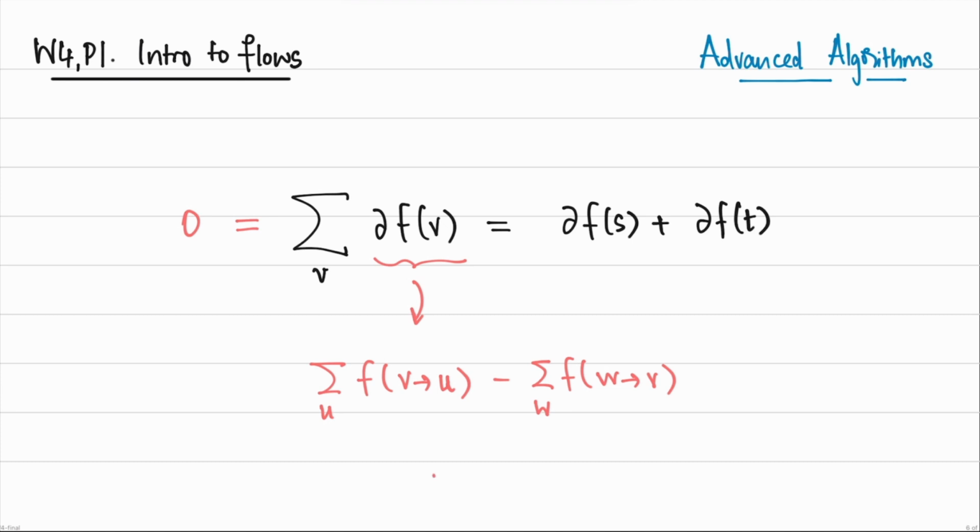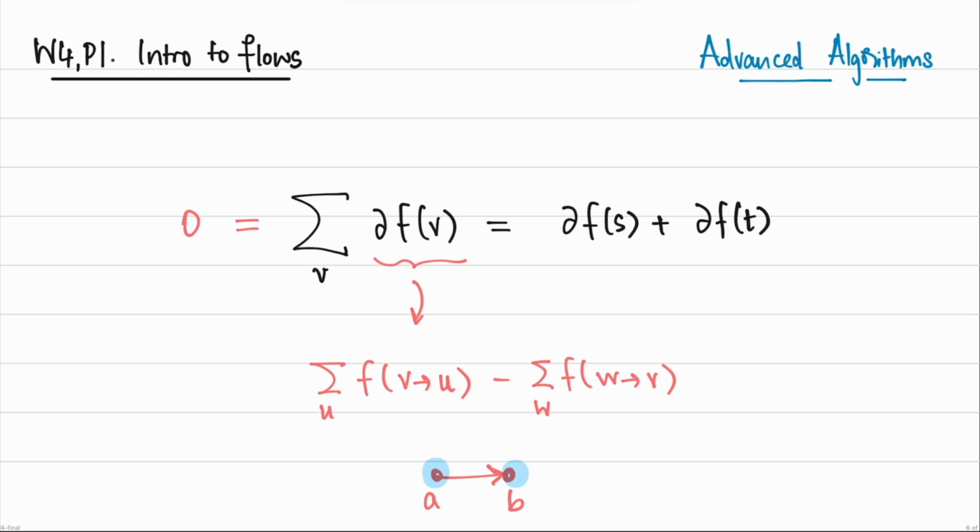Now when you think of any edge in the graph, pick your favorite edge, let's say it's between vertices a and b. Well, the edge a to b is going to show up positively once, when you're computing the net flow out of a, and it's going to show up negatively once, when you're computing the net flow at b.